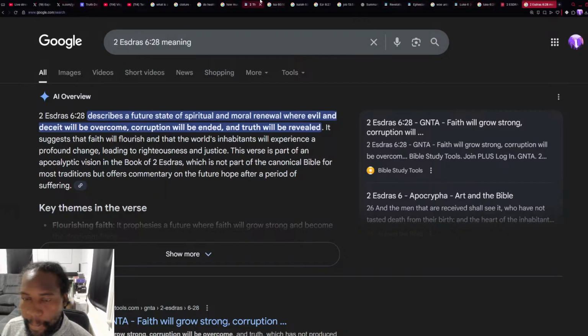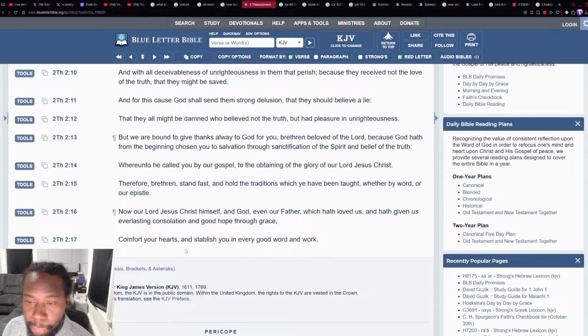Okay, when we get into that point, 2nd Esdras 2, verse 17, comfort your hearts and establish you in every good word and work.